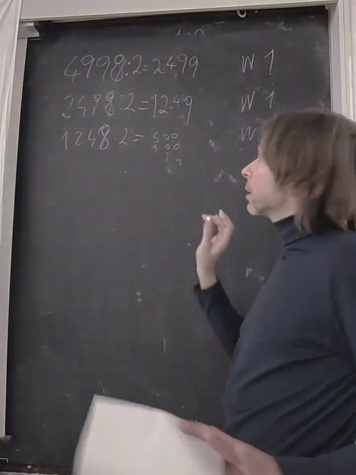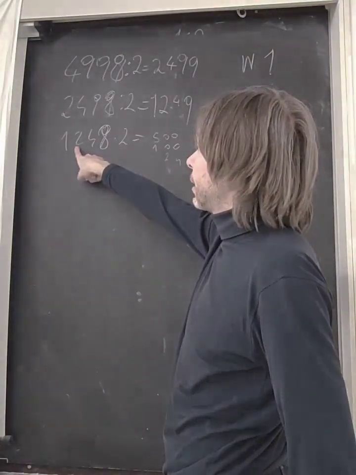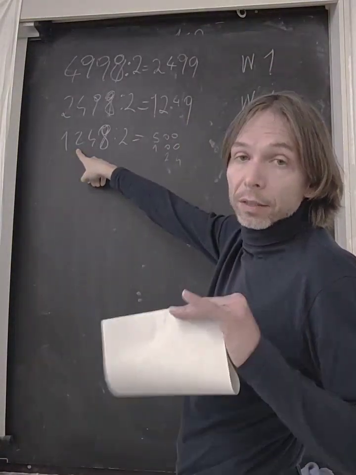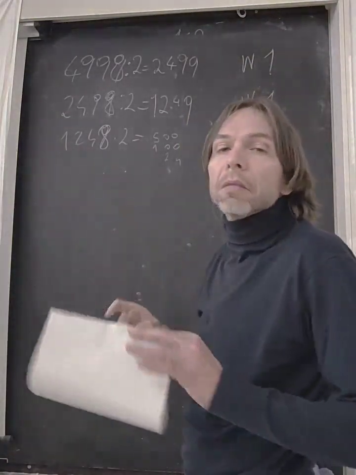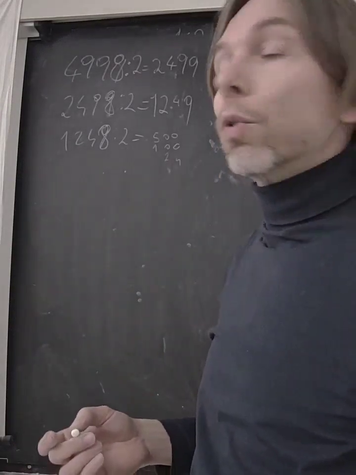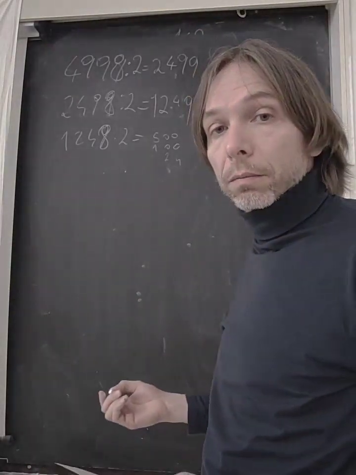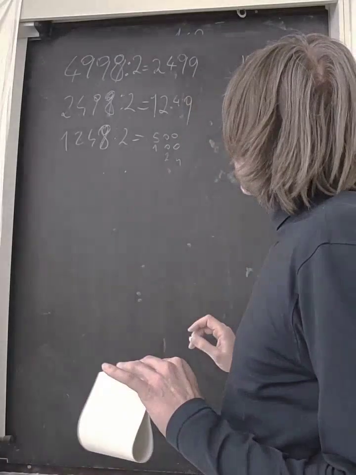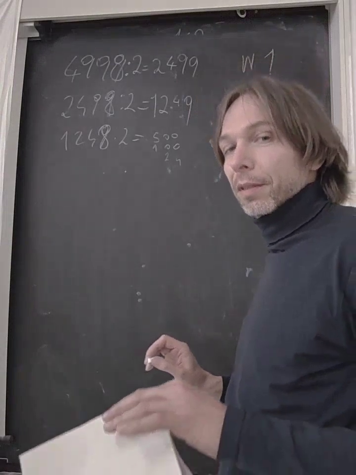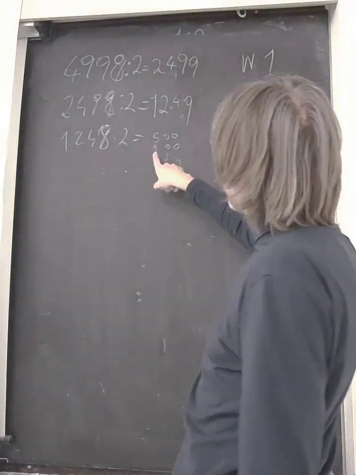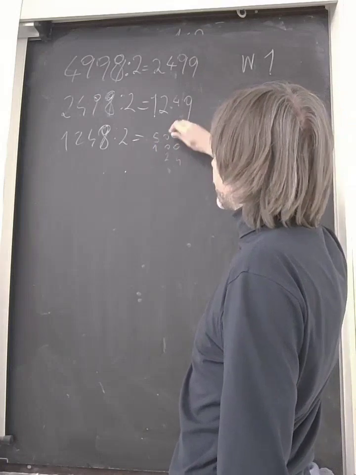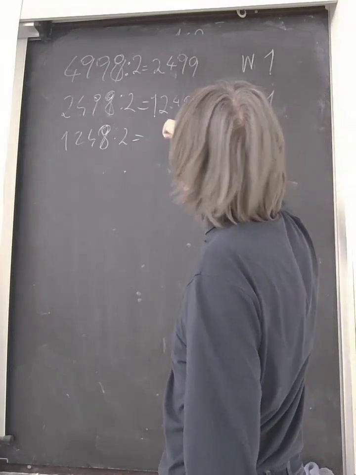I could say the half of 1,200 is 600 directly, but there's no need to go faster. Just do things in a safe way. It's better than going faster. Anyway, 500, 124, total is 624.